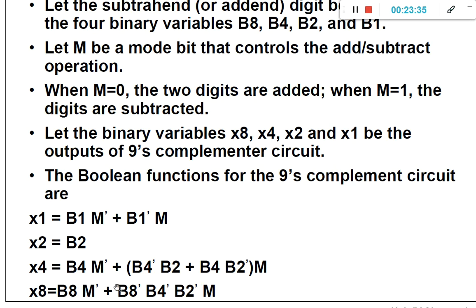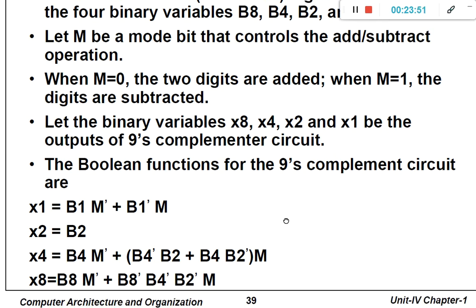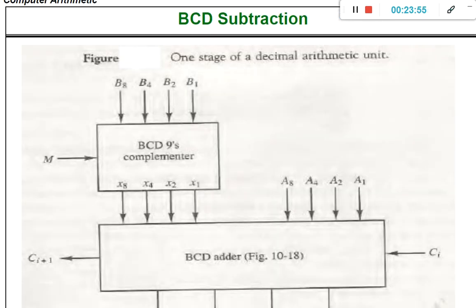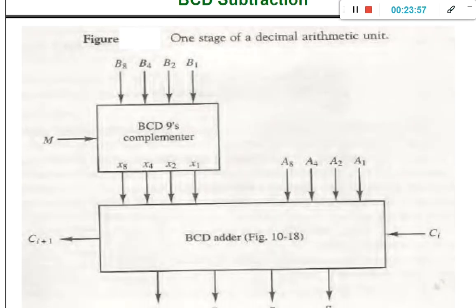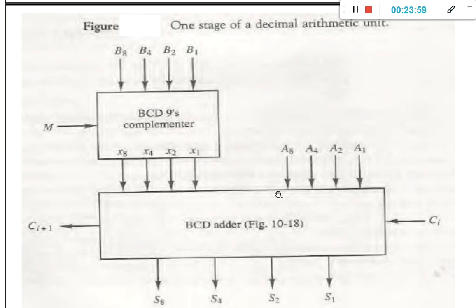X8 is derived as b8 into m dash plus b8 dash b4 dash b2 dash into m. So we need to determine x1, x2, x4, x8 using these Boolean functions. Then only are we going to get the correct 9's complement value. Once we get the 9's complement, we can add 1 to get the 10's complement representation.